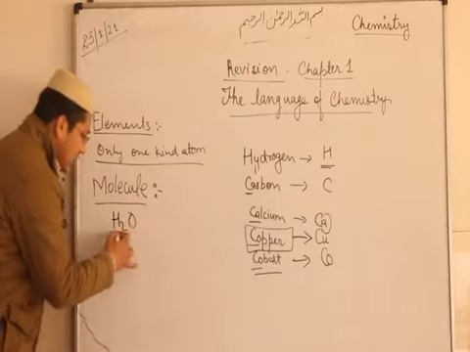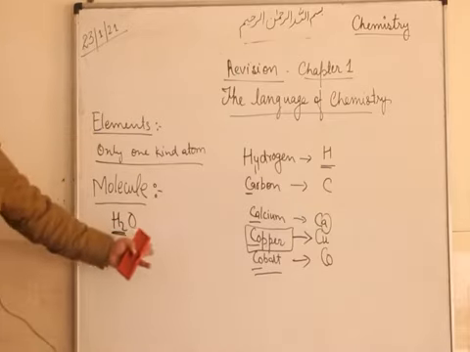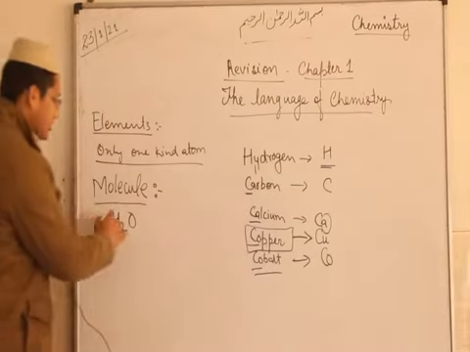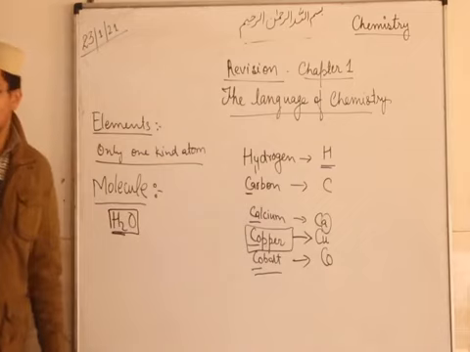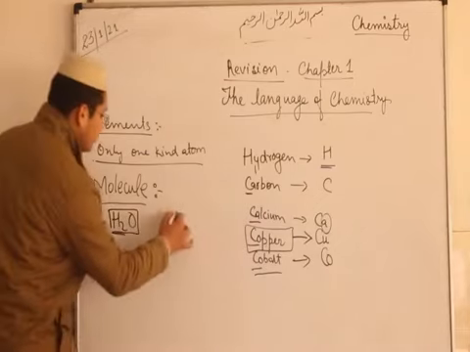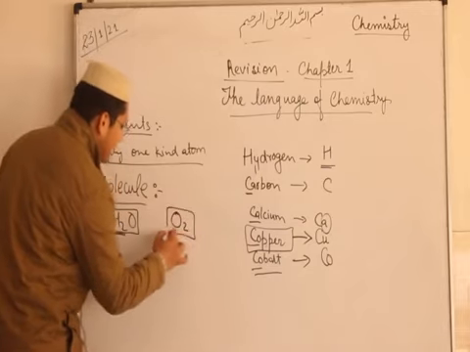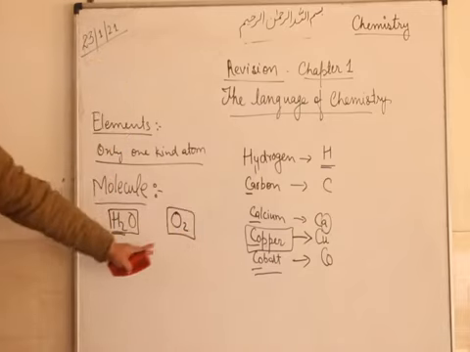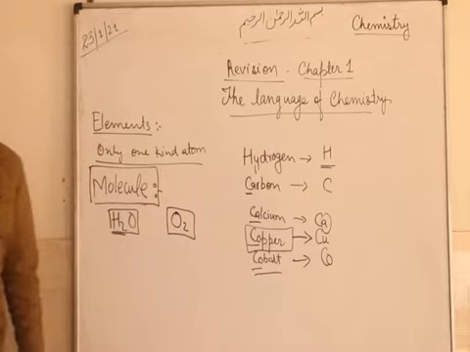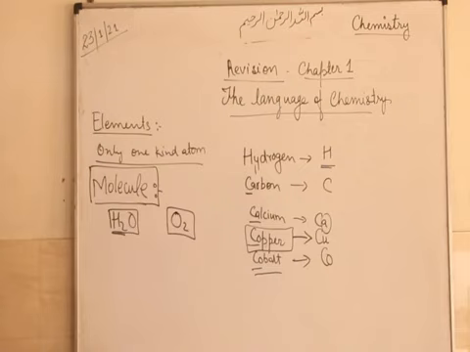Here the atom of hydrogen is somehow different from the atom of oxygen. So this is your molecule. H2O is a molecule. CO2 is also a molecule. O2 itself is also a molecule. In the case of a molecule, the atoms which are combining may be the same or different. But in the case of a compound, it should be only different kinds of atoms.